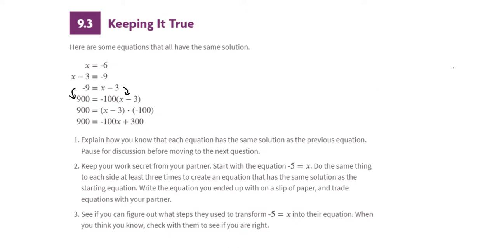So to do this, we would start with -5 is equal to x. And we want to do the same thing to each side. So maybe I add 5 to each side. That's not a good one.